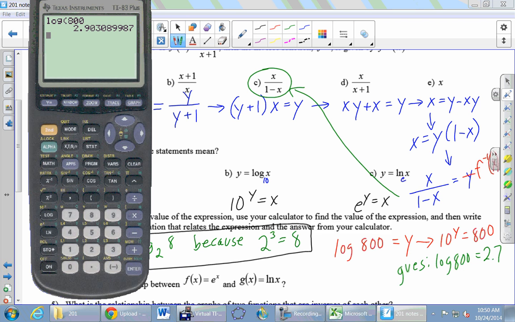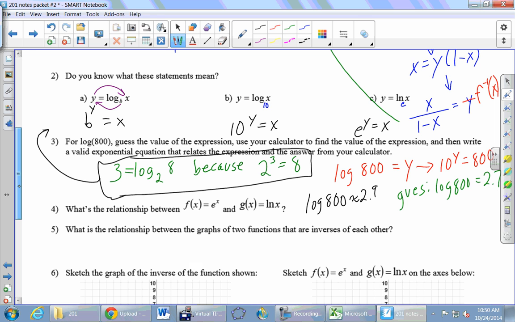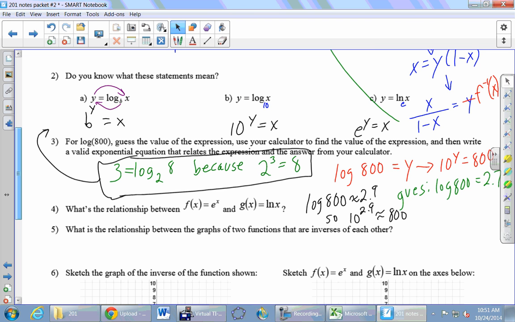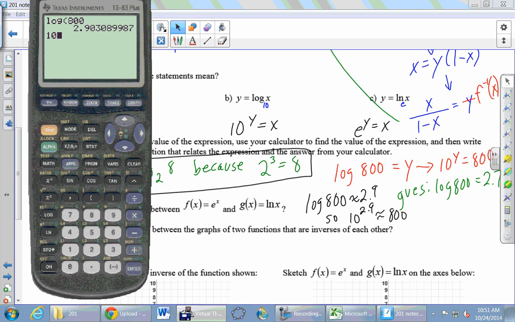So what we just saw is that log of 800 in actuality is really close to 2.9 from the calculator, which means that what to the what is approximately what? 10 to the 2.9 is roughly 800. And again, that's something we can verify on the calculator. 10 raised to the 2.9, we expect it to be right around 800. So far, so good.